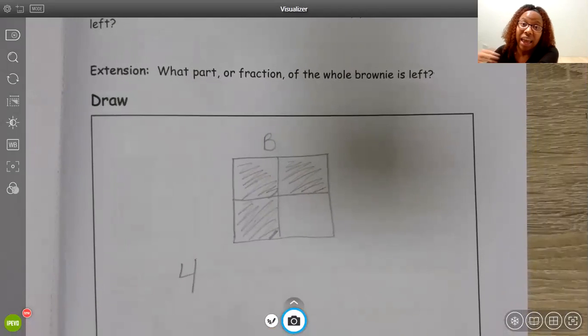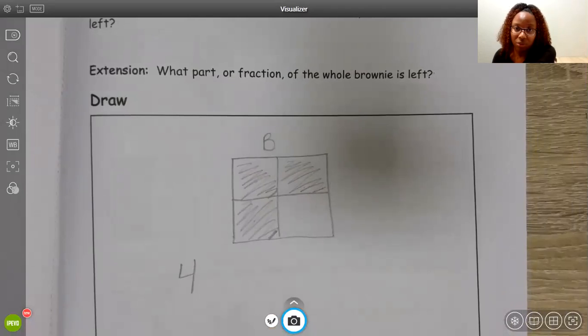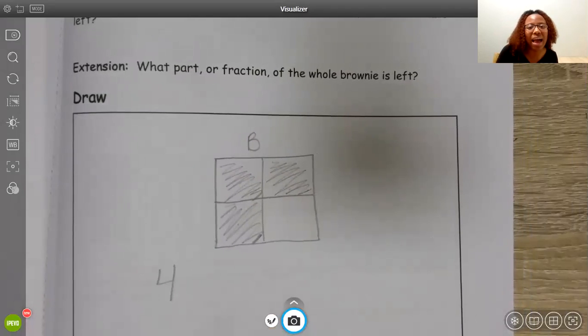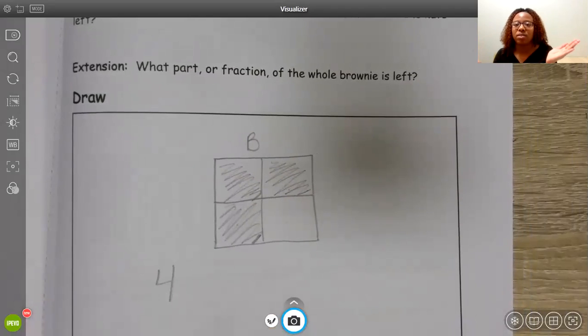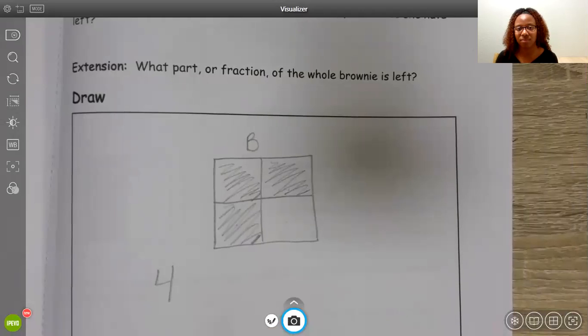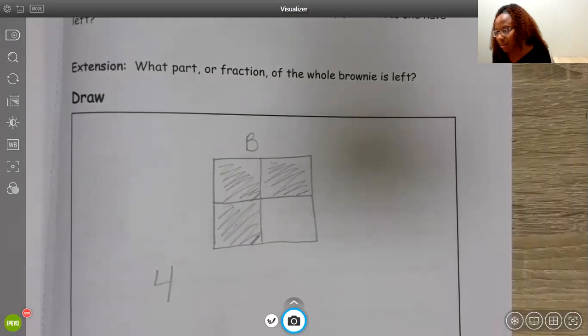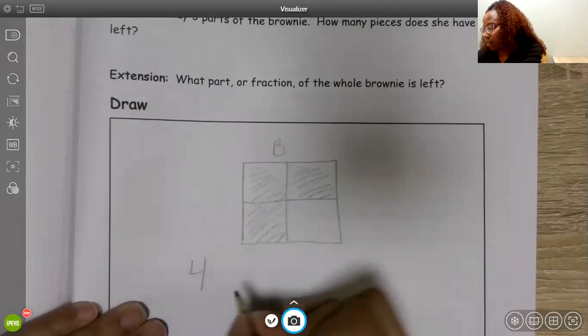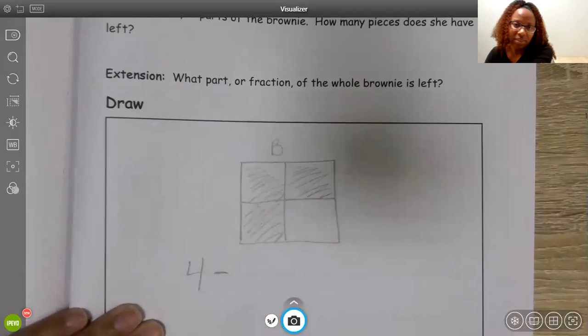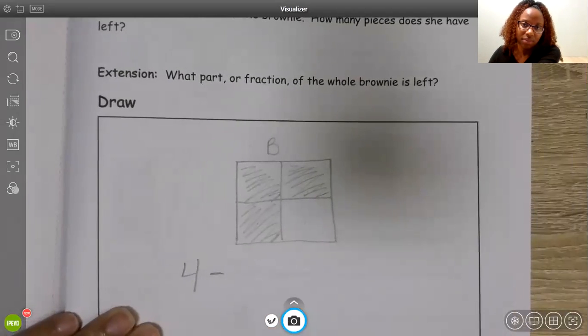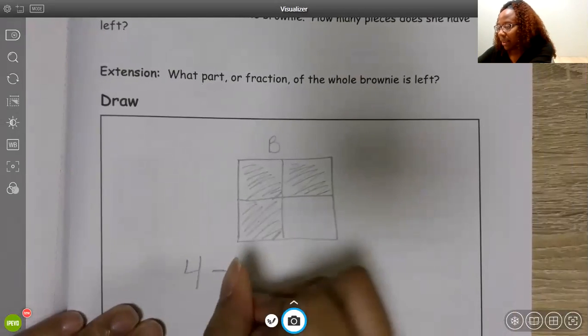Now, if she gave away 3 pieces, am I going to add or am I going to subtract? I'm going to subtract because if I give them away, I no longer have them. So Emmy no longer has some pieces. How many pieces did she give away again? 3.